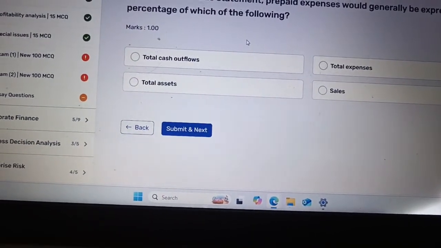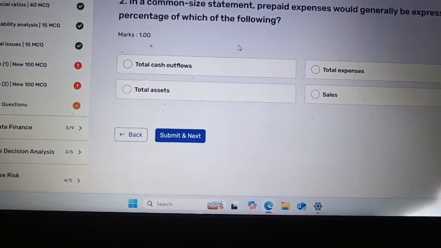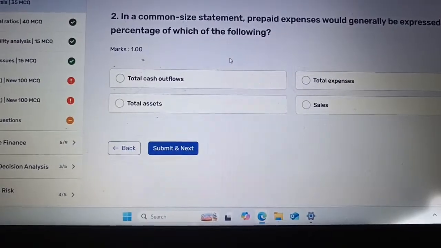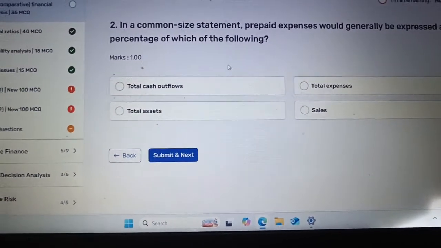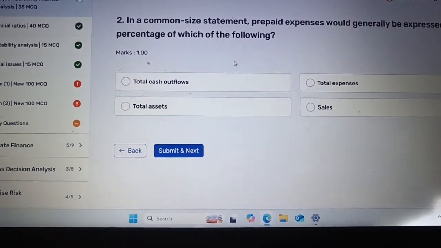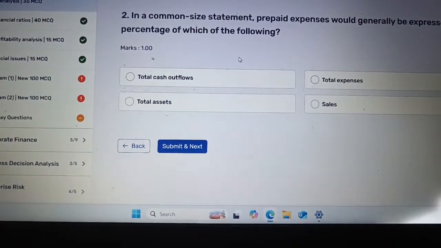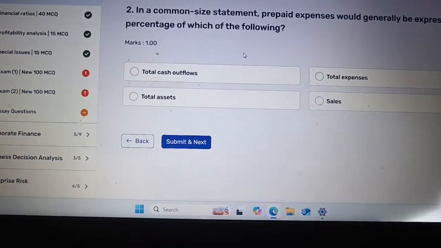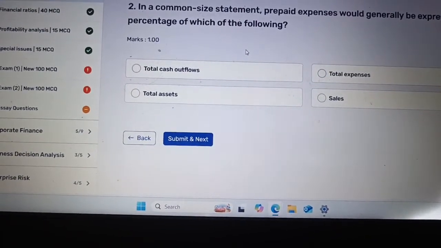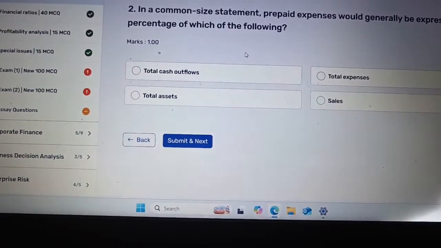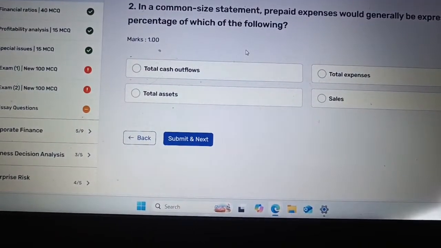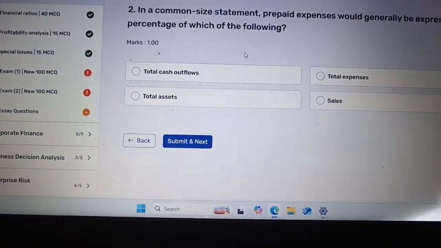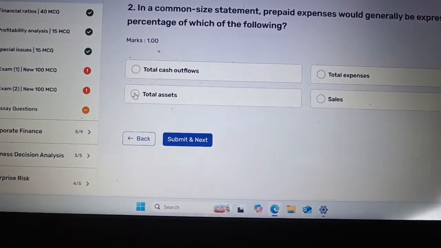We need to understand whether prepaid expenses is an asset or income. Prepaid expenses is a current asset. That is why we need to calculate on the basis of total assets.